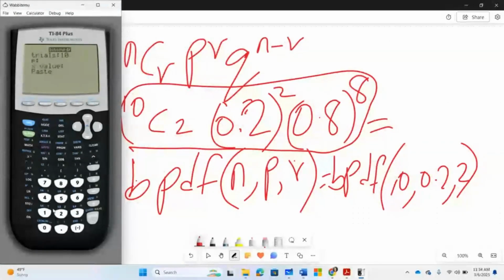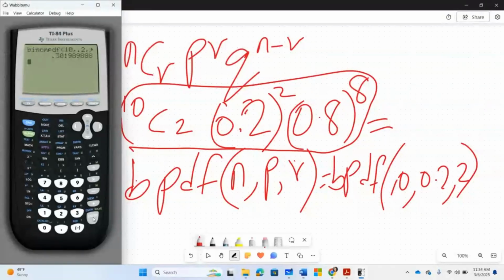Number of trials, the sample size. What is the probability of success? 0.2. What is the number I want to take at a time? It is 2. Paste means calculate. So I'm going to calculate. And it's asking me, is this what you want? Yes.